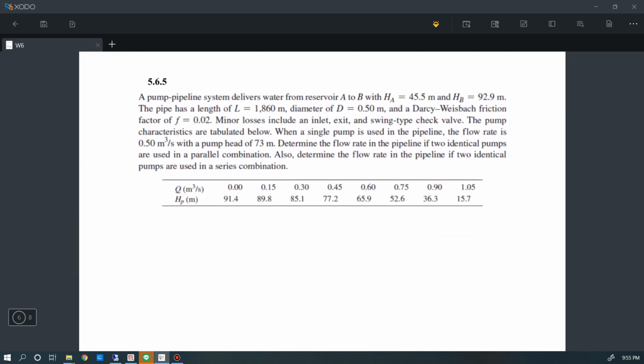The problem 5.6.5. Again, it's a similar problem, but with a slightly different variation.